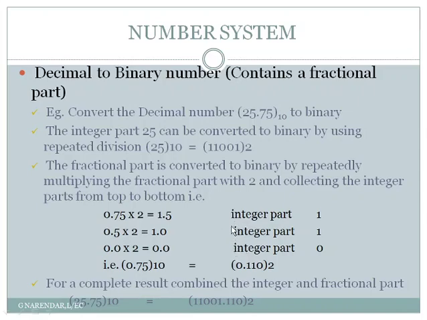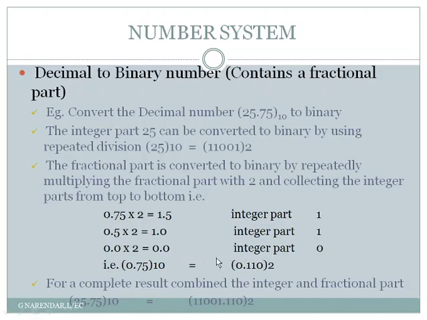Whether you want to stop with 2 digits, 3 digits or 4 digits, you have to stop there. If you don't get 0 at any stage of this multiplication, you stop there. Here we got a 0 integer part after the third multiplication, so we'll stop here.